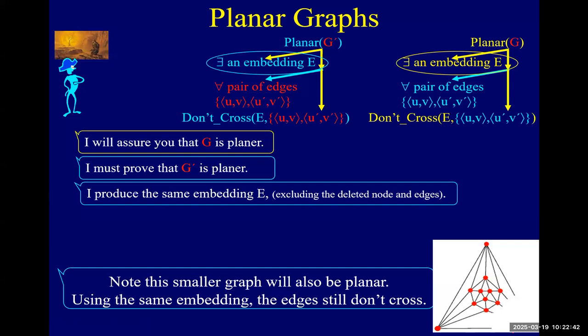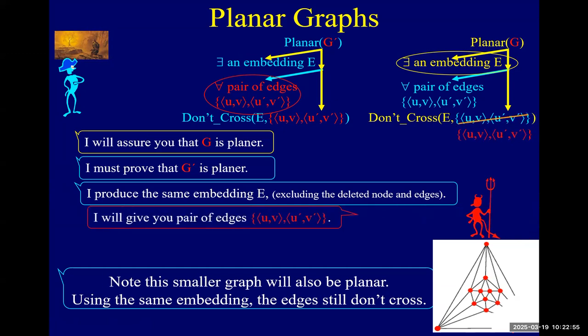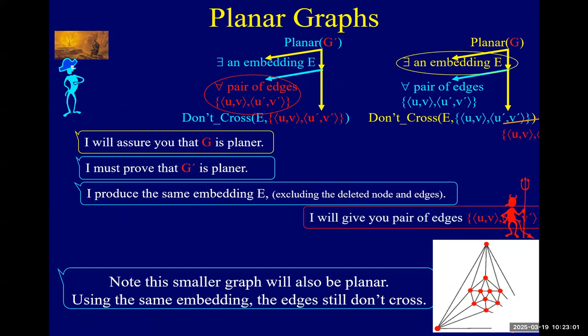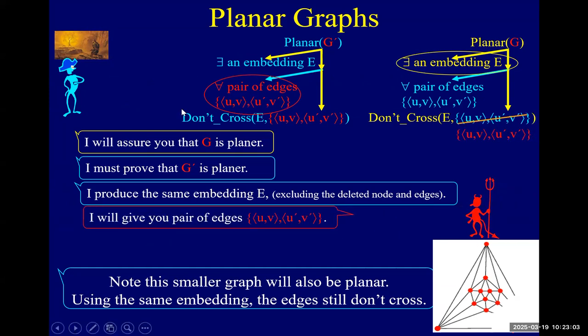And what do I do? I remove from the embedding the node that I removed, right? And then I have to prove that every pair of edges doesn't cross. How do I prove that? Well, the adversary gave me a pair of edges, and I have to prove they don't cross.